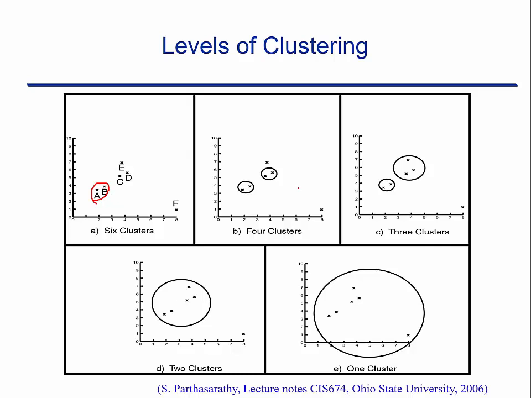We will give it the name cluster 1.1. And then we find that clusters C and D are the closest pair, and we will merge them into a cluster. We will name it 1.2.